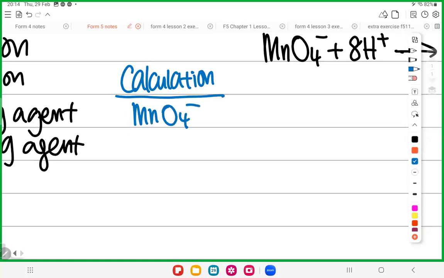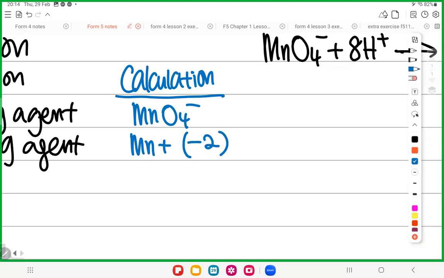MnO4. How to calculate? Mn, we don't know. You can copy it back, or if you don't want to copy, you can also put X. You can use X for something you don't know, or you can copy back the same symbol. You don't have to put X every time. Mn plus, what is the oxidation number for oxygen? -2.